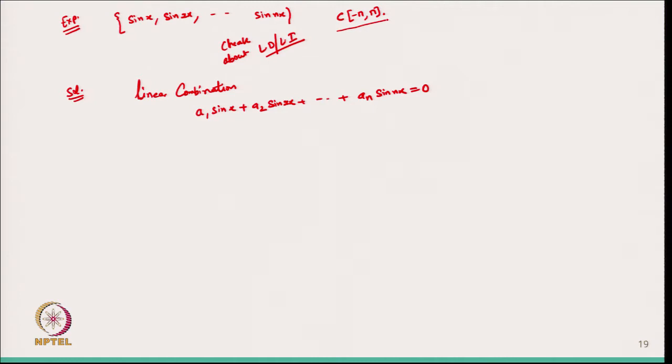Now, in the previous lecture we discussed that if I take the derivative n times, we will get an n by n matrix. Still, we are unable to show whether these vectors are linearly dependent or independent.